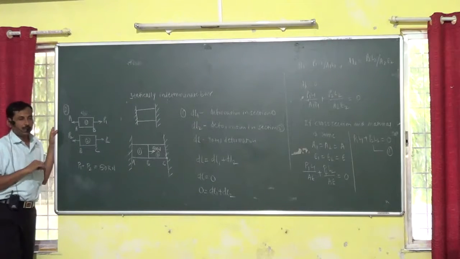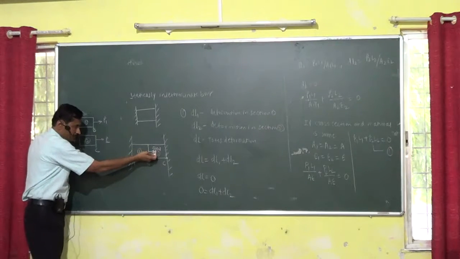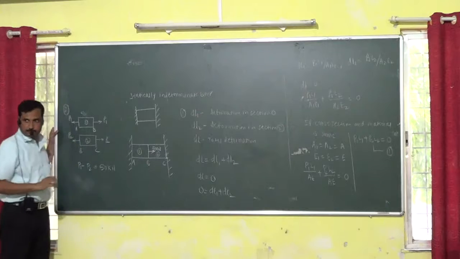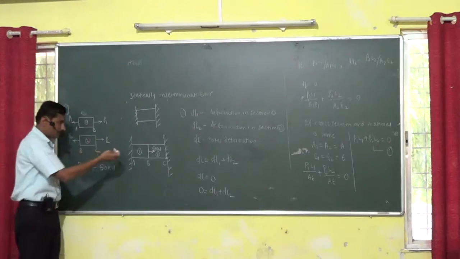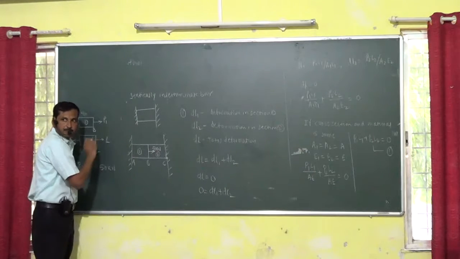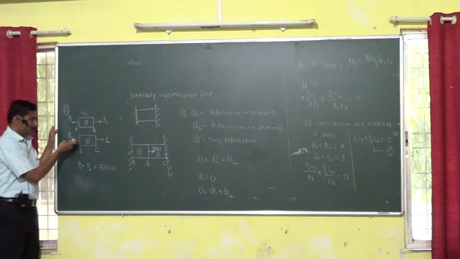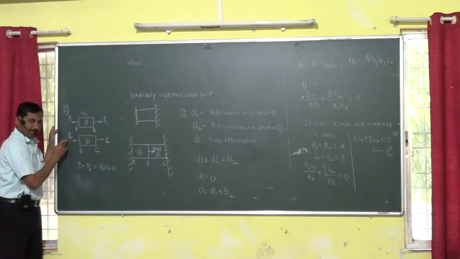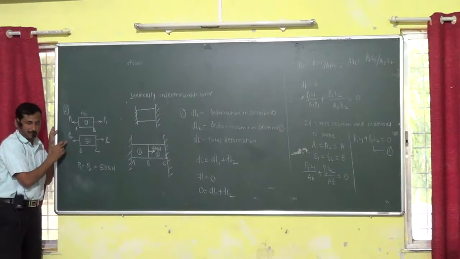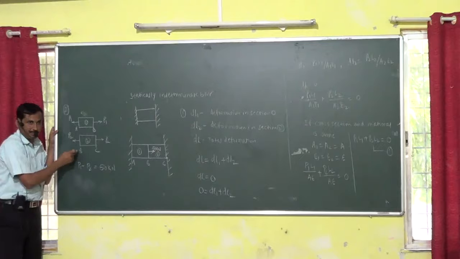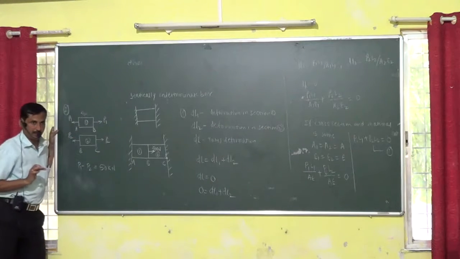Is it okay? Suppose this 50 kN force is given as moving toward the left side. What will happen then? In that case, the left side direction and P2 direction will be the same, and our equation will change to P2 minus P1 is equal to 50.